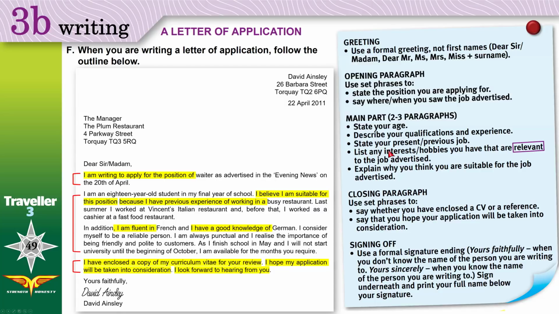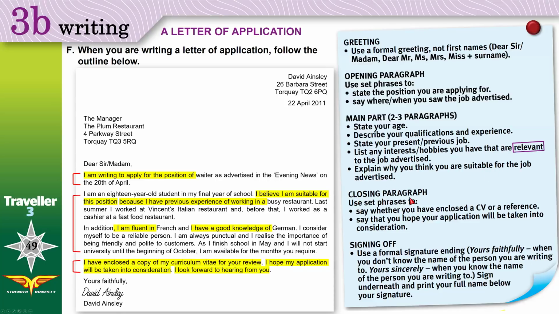You list your hobbies, and your hobbies must be relevant to the job. They must be connected, related to the job advertised. You don't say that you like swimming, because actually it's not related to being a waiter.